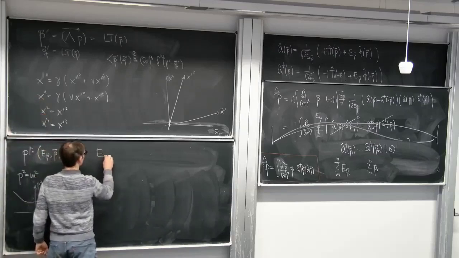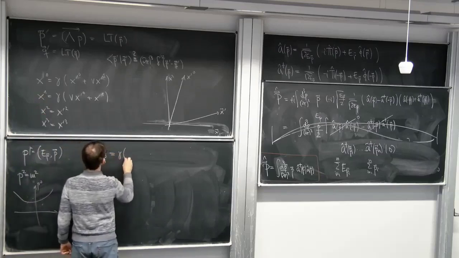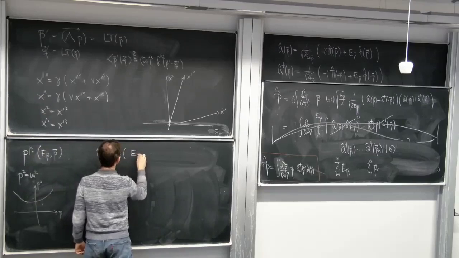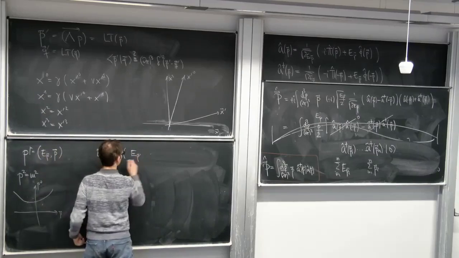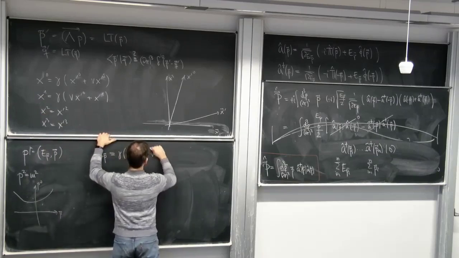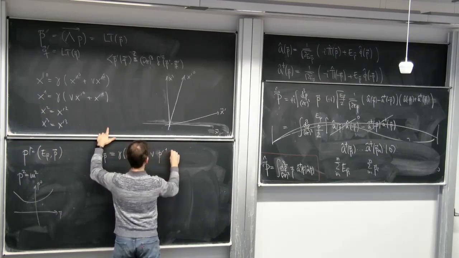And now, still, the energy is this. So E of P vector is equal to gamma times E of P vector prime plus V times P prime component 1.